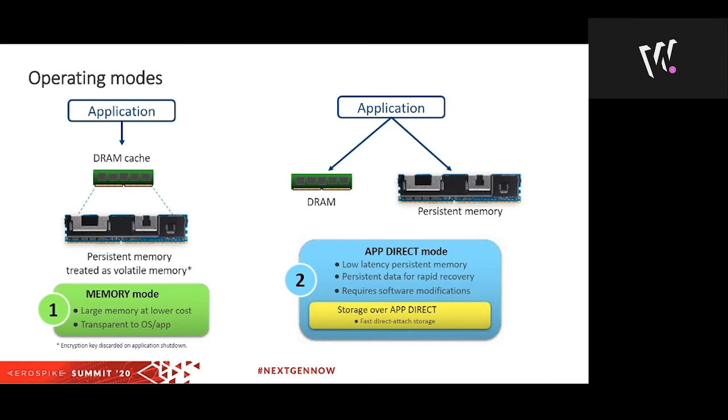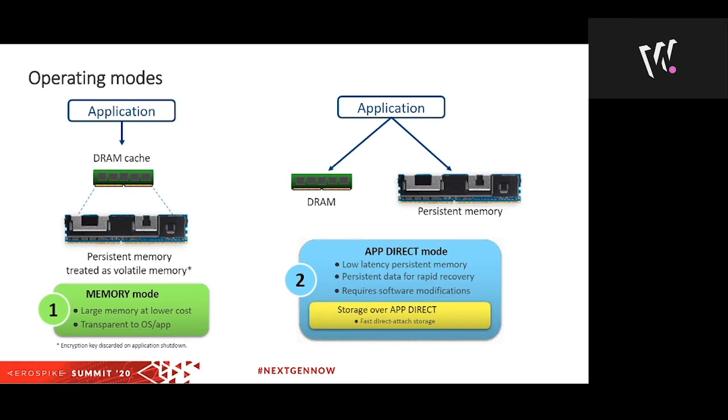There's an encryption key that's used. As soon as the system's shut down, that encryption key is discarded, and anything that's stored on there cannot be accessed again. But with this mode, essentially DRAM becomes the cache for your persistent memory.